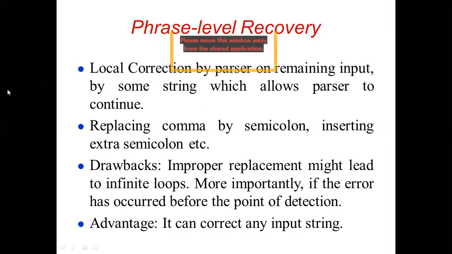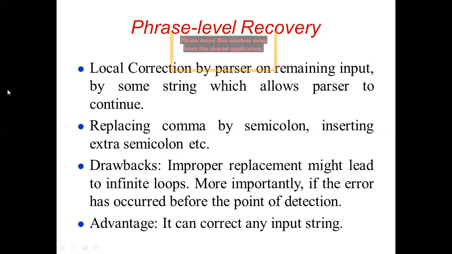So there are some drawbacks. Improper replacement might lead to an infinite loop. Sometimes we replace something, then again we can make some sort of mistakes, and it may create a big problem. More importantly, if the error has occurred before the point of detection, first we will detect the point where the error is occurring.